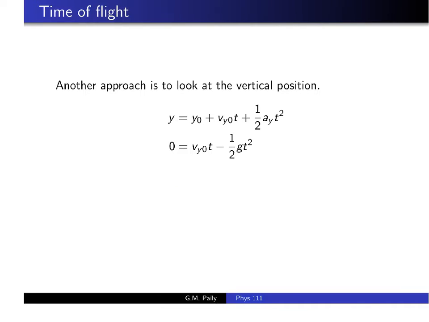However, y is equal to y0 at the end of the flight, and so this t that we have here is the time of flight. We can solve for it, and we see that y is equal to y0 either when t is equal to 0 or when t is equal to 2 Vy0 over g. t equal to 0, of course, corresponds to the launch point, and t equal to 2 Vy0 over g corresponds to the landing point.